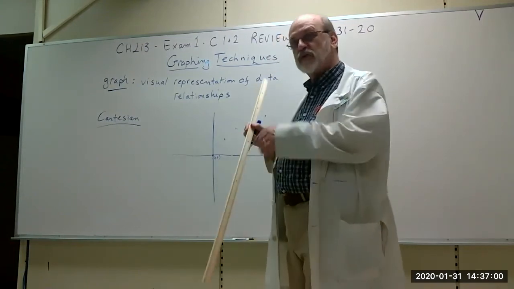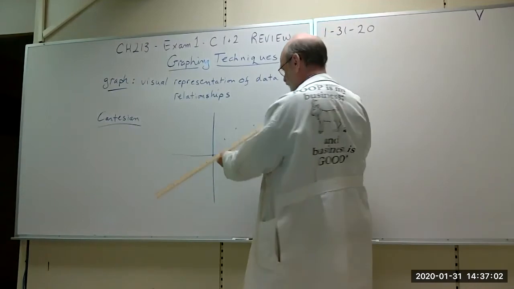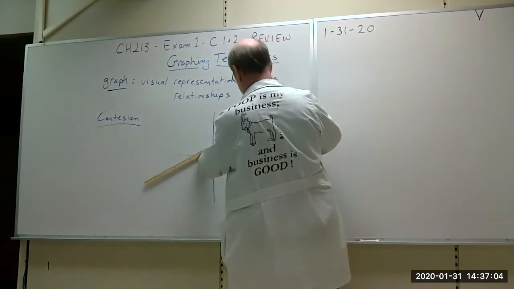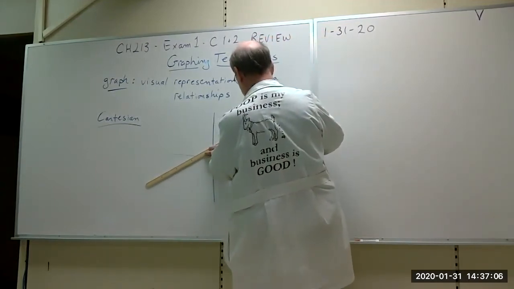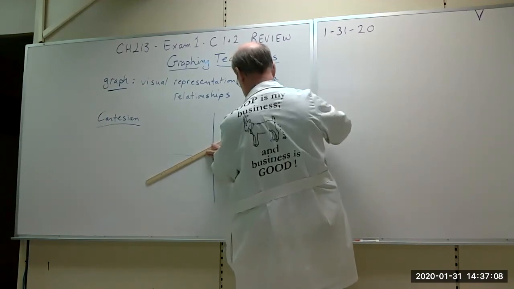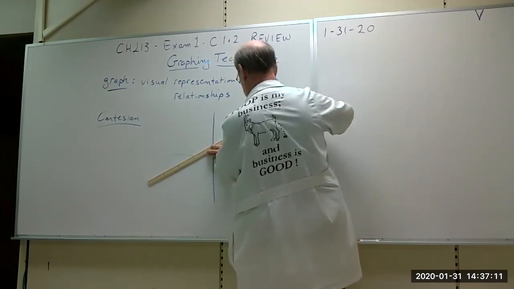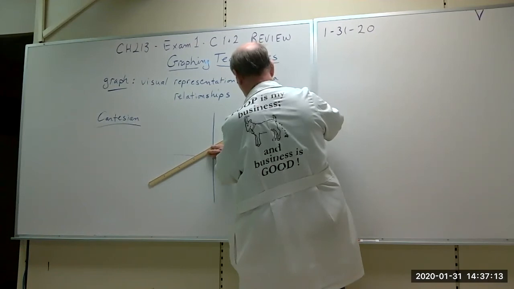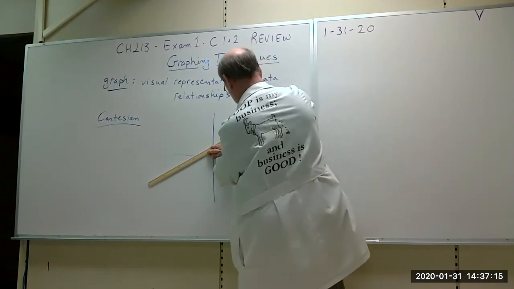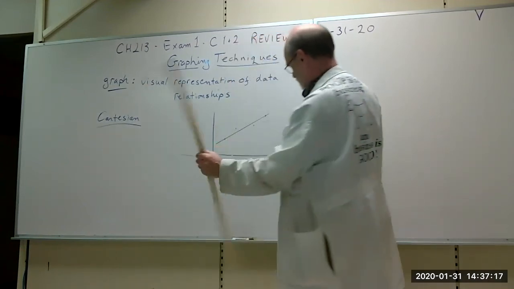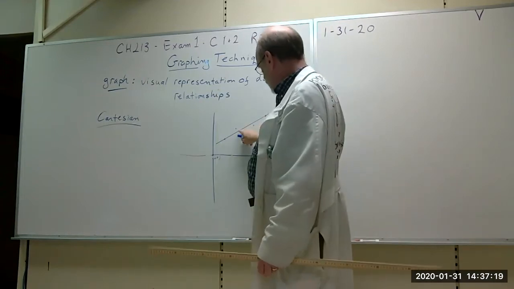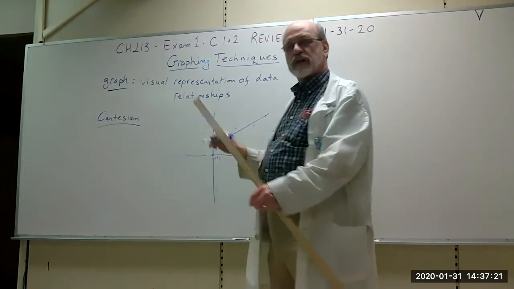You want a line that's close to everybody. Well, the way I drew it, it turns out that if I draw a line through these two far points, right on these two and the same distance for those two, so that's a good trend line.